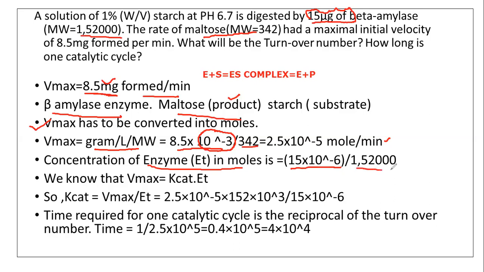So we know Vmax equals Kcat into Et. Kcat is the turnover number, Et is the total enzyme concentration, and Vmax is the maximum velocity. So you have to calculate Kcat, the turnover number. Kcat equals Vmax by Et.